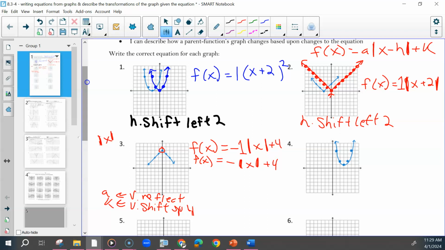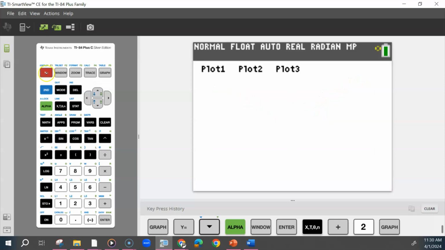If it reflected across the y-axis, that's a horizontal reflection, and that would be on the inside. But it's hard to see that from right here. I can say that happened, but it didn't move left or right, so you can't really see it. Things like that, you wouldn't get taken off for, because it could have happened, it could not have happened. I'm going to put this in just to make sure that we wrote that correctly.